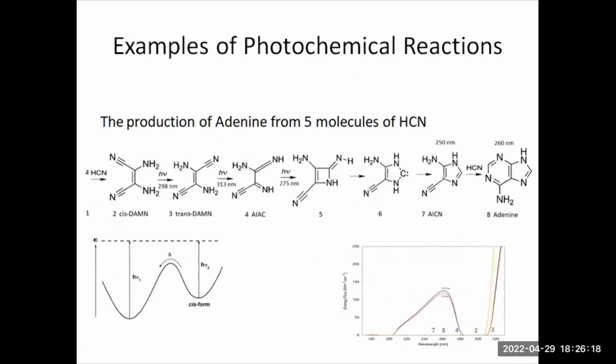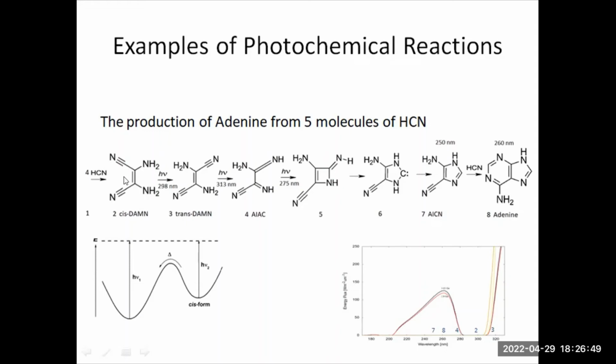So an example then is the production of adenine from 5 molecules of hydrogen cyanide. This configuration, which is known as cis-DAM, is basically the lowest Gibbs free energy configuration, that is at constant temperature and pressure, from 4 molecules of hydrogen cyanide.